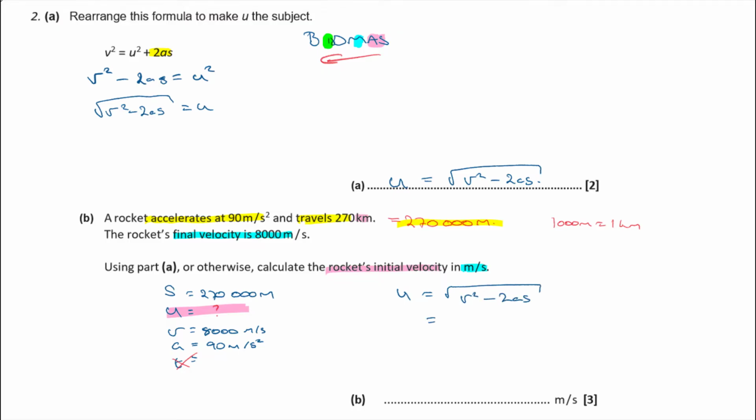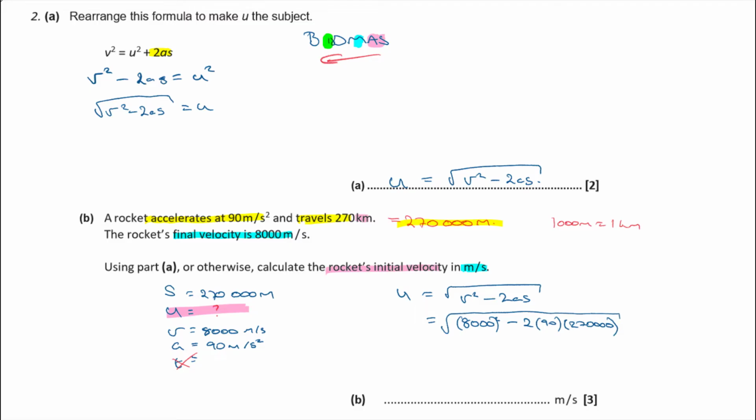So subbing those values in, V squared is going to be 8,000 squared minus 2 lots of A, which was 90, times S, which was 270,000, and that's all square rooted then, isn't it?